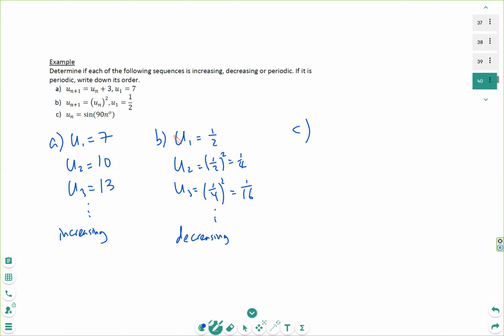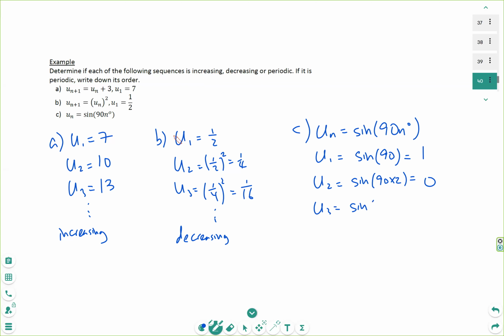Now we are not told the first term. Let me write down un equals sine of 90 times n degrees. U1, when n is 1: 90 times 1, sine 90 is 1. U2, sine 180 degrees is 0.